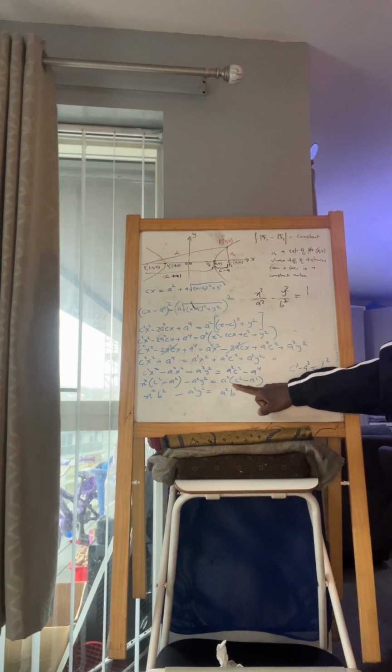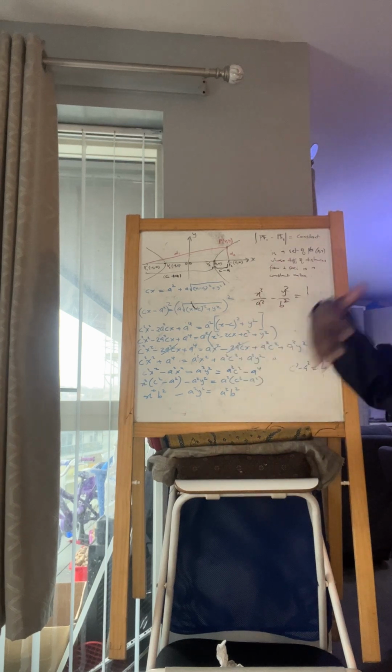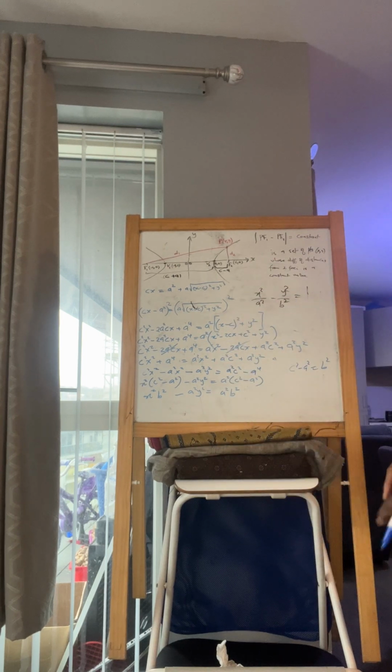If we say let c squared minus a squared equal b squared, later on when you start to solve problems, you will know why. We just represent it, it's a constant. c squared and a squared are constants, so we can represent this by any constant. So we say b squared. That's what we have done.